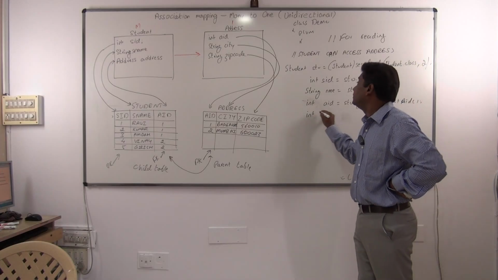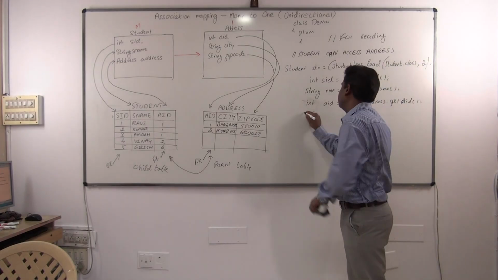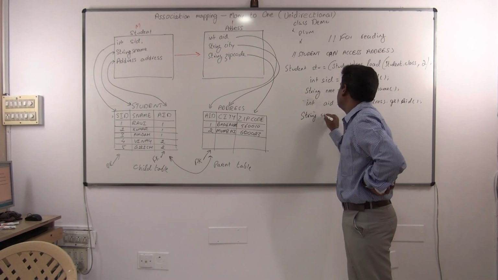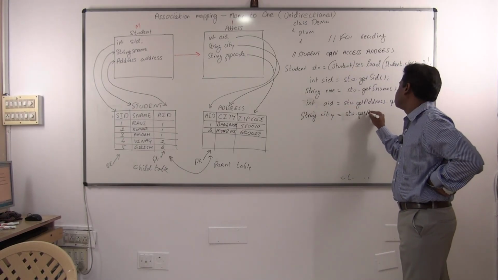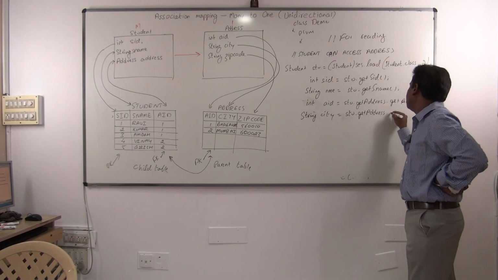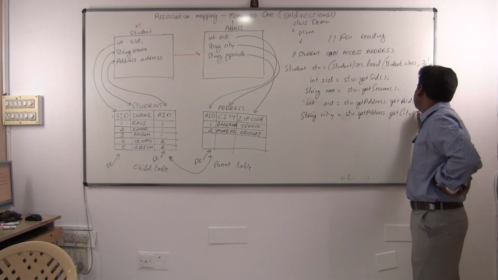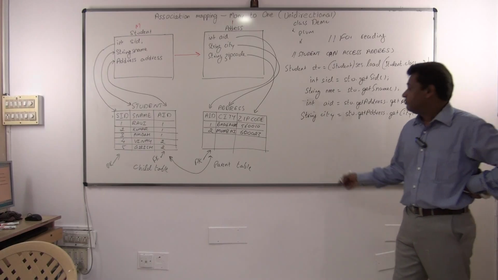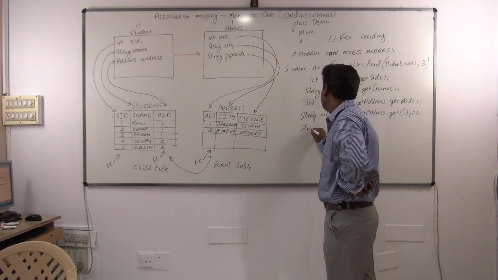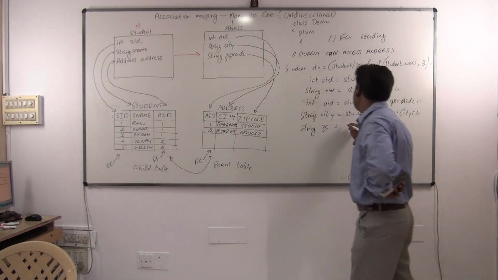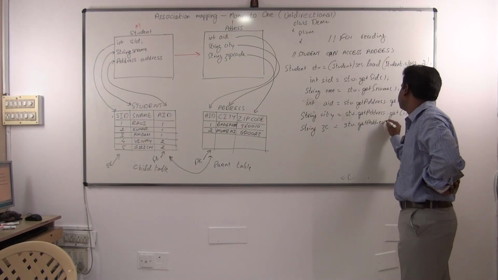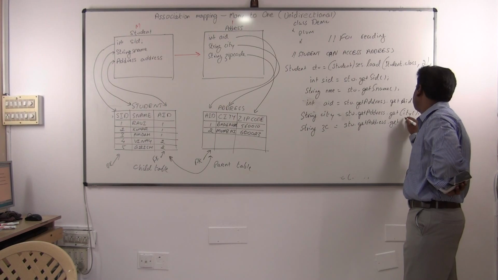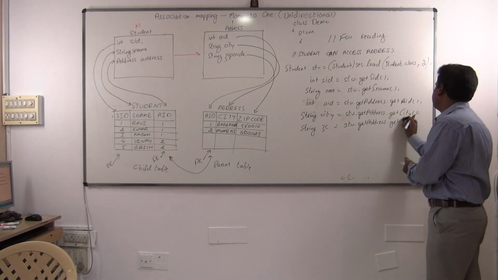Then next, you want city, it is a string. So String city is equal to stu.getAddress().getCity(). Fine. Then next String zc is equal to stu.getAddress().getZipCode(). So you can get all the values now.